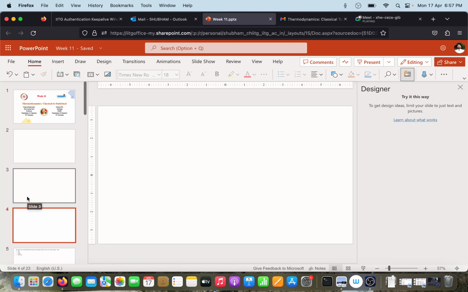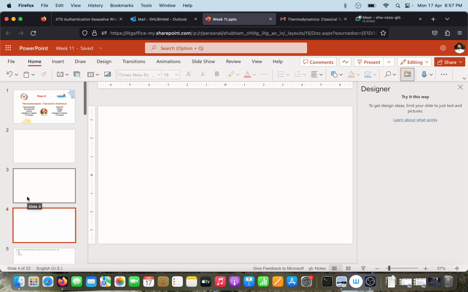We know that Cp minus Cv is equal to R. This implies Cv is Cp minus R, and R is 8.314 joule per Kelvin per mole, and this is 29.9.